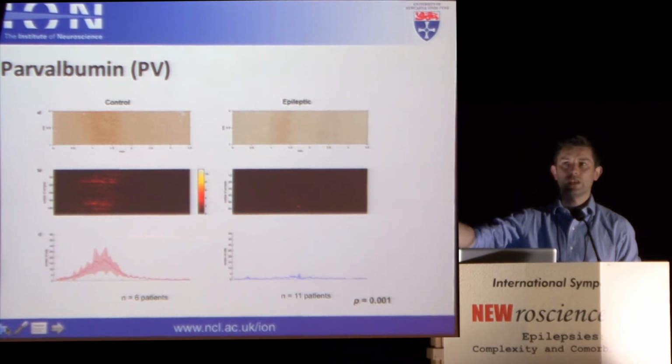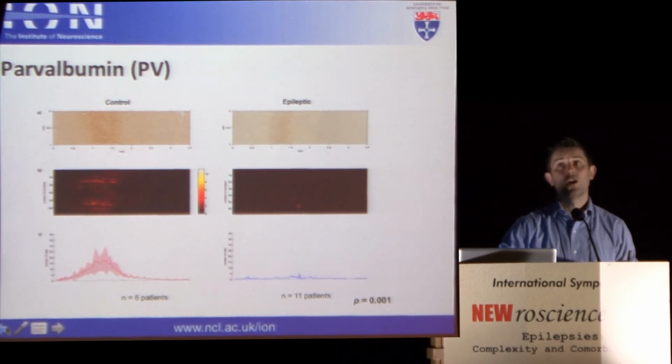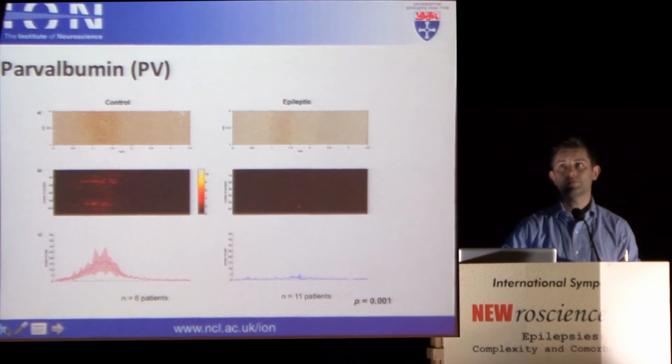This is pooled data down at the bottom here. And what you can see is that there's clearly a significant reduction of the density of these parvalbumin-positive cells in the epileptic regions of these slices.